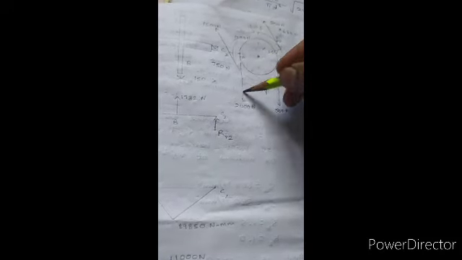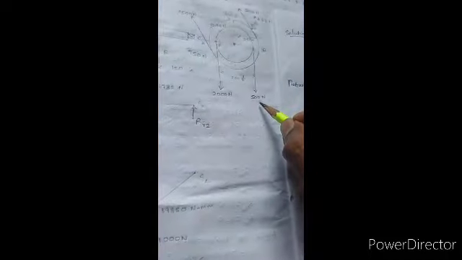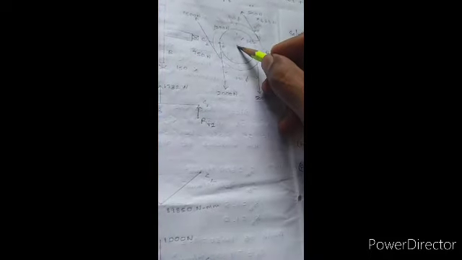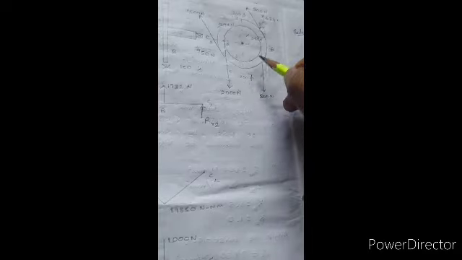2000 into 100 is rotating in the anti-clockwise direction about the center, so I have to put a plus in front. So plus 2000 into 100. Similarly, one more load is there, that is 500 Newton, and this load is acting in the clockwise direction.